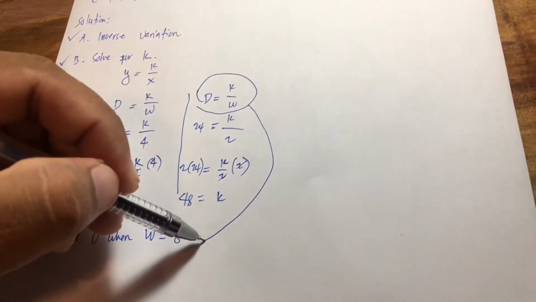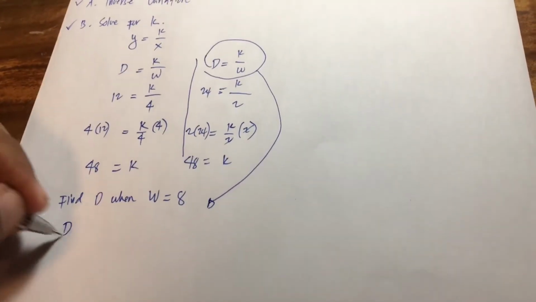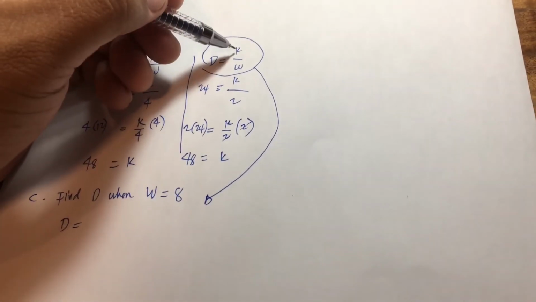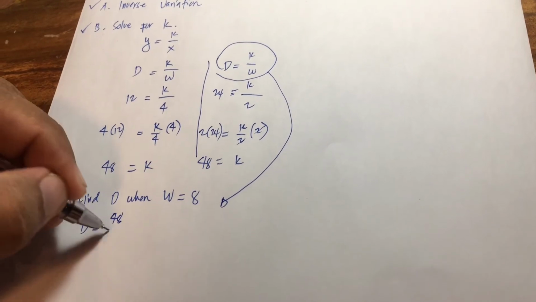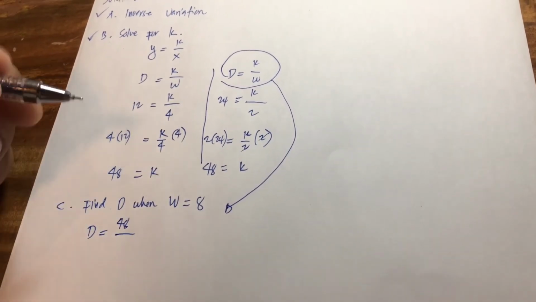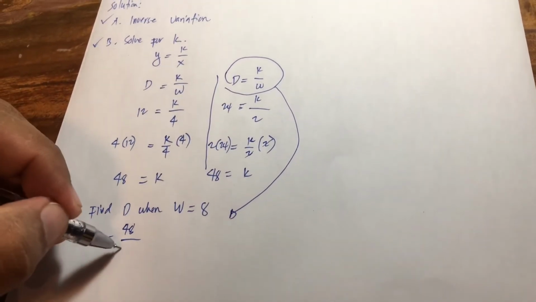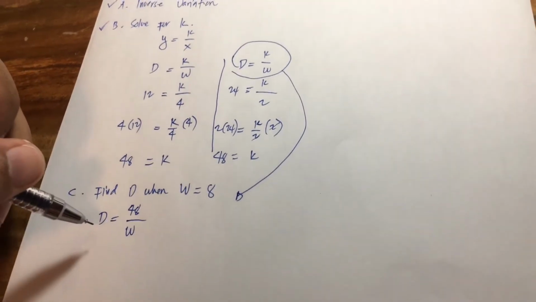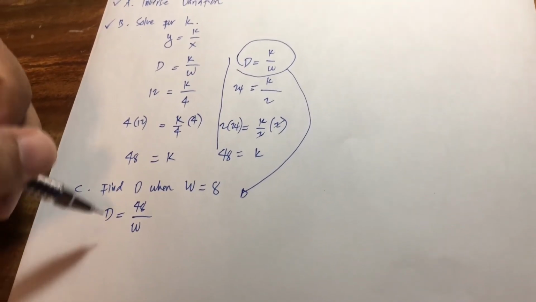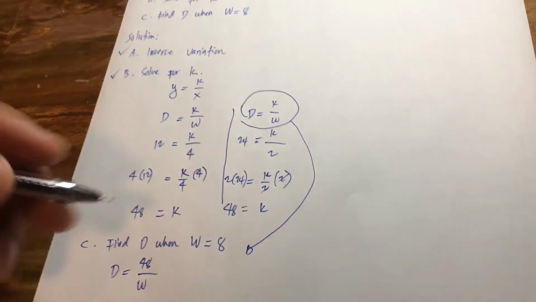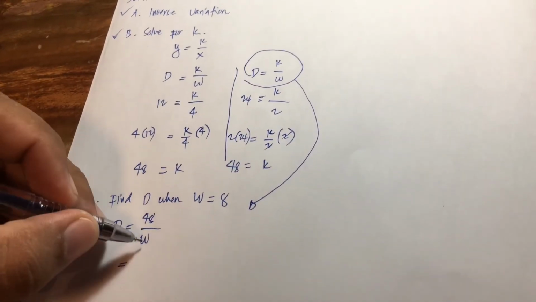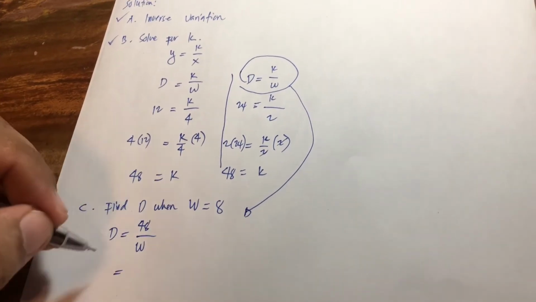Okay, here we will use that. So D equals K. Instead of writing K, we will use 48. So D equals 48 over W. Okay. What is D when our W is 8? So we will replace W by 8.